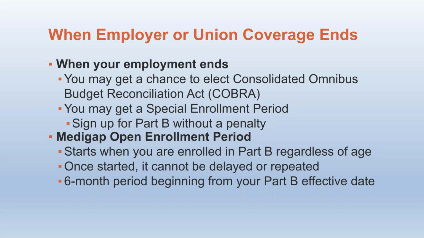And then you would be able to use what's called a Medigap open enrollment period, which is a 6-month period that starts from when your Part B effective date goes into place. Or you could also choose to enroll in a Medicare Advantage Part C plan, which we'll talk about later.